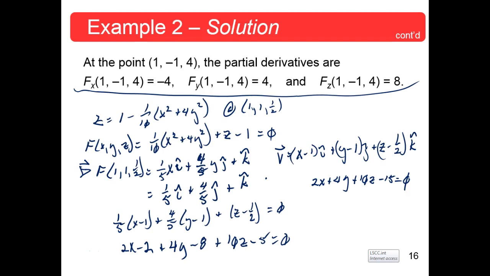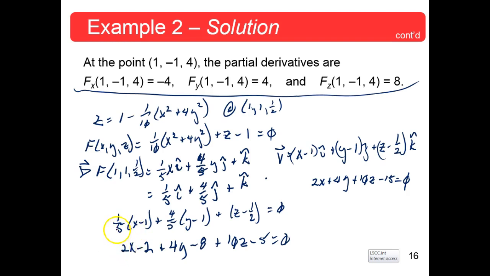They didn't do this. They left it with fractions in there, and they put minuses in there: minus 1/5 x minus 4/5 y, I don't think I have that right, minus z plus 3/2 equals 0. Now I think I messed up somewhere here.